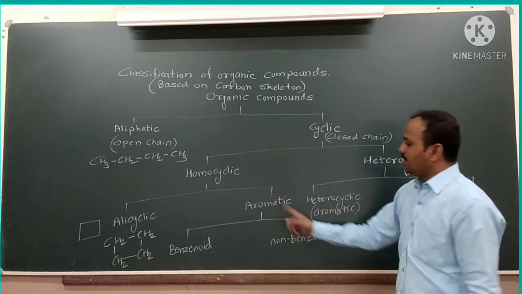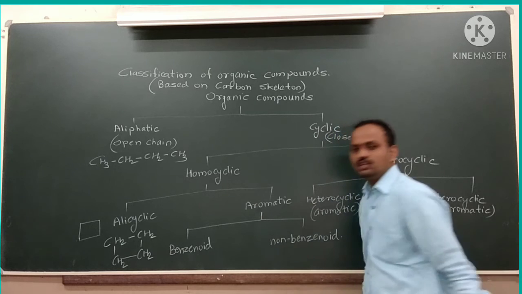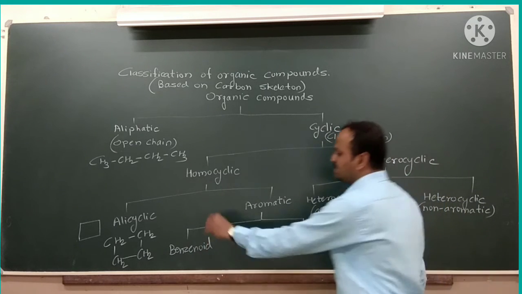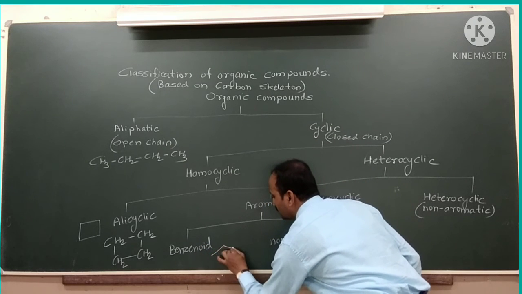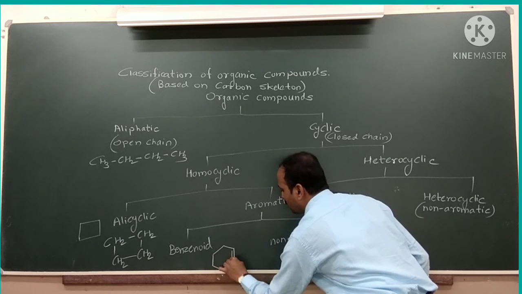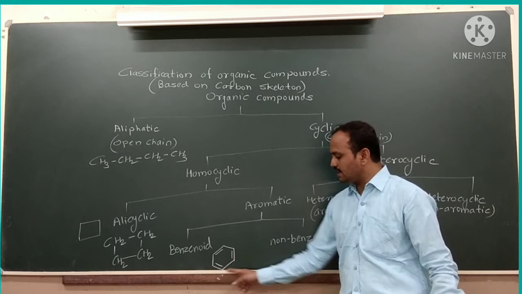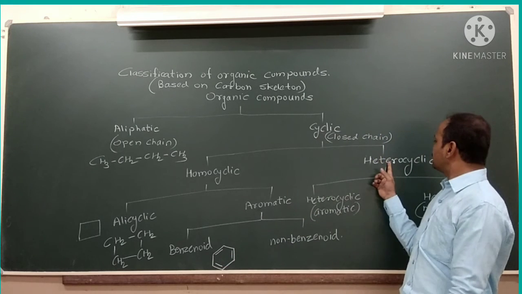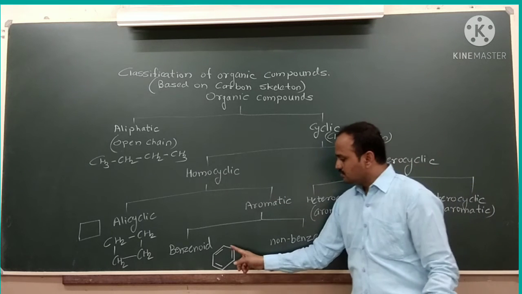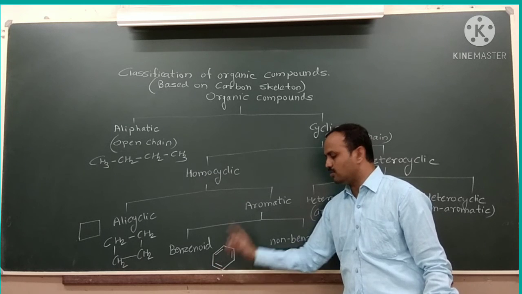We have aromatic. I will write the example of aromatic here, because one type of aromatic compound is benzenoid. Please see, students, a hexagonal ring, that is a cyclic structure, with single bond, double bond, single bond, double bond, single bond, double bond.